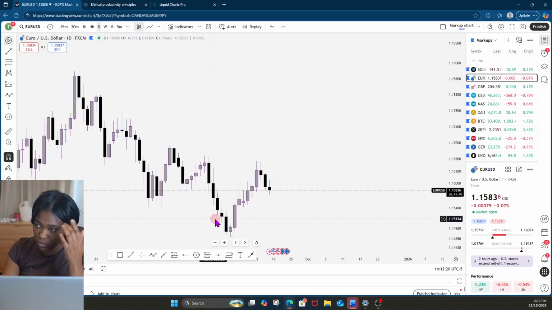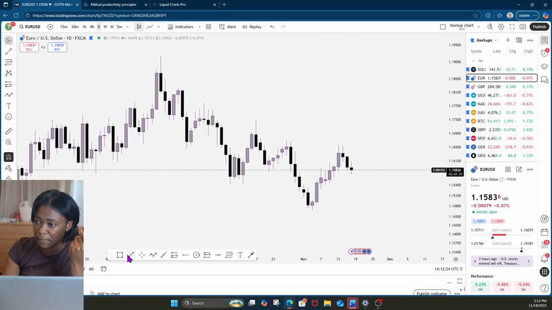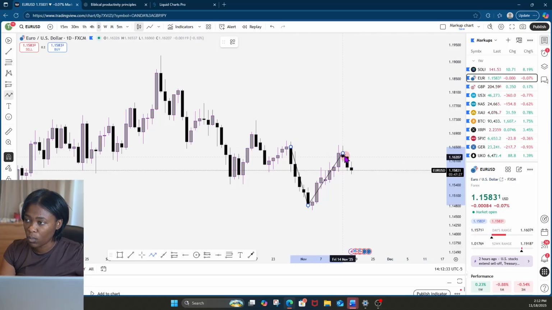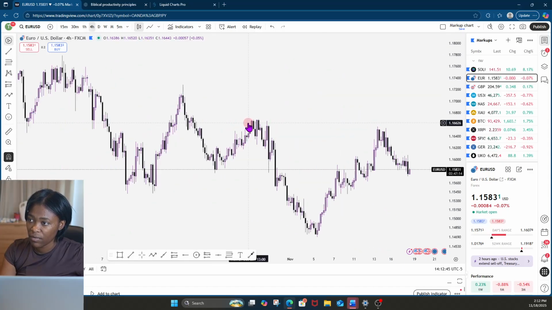It already kind of made a move, but on a higher time frame on the daily, you can see that there was a high and it has then created a lower high since then. So what am I anticipating? I'm anticipating for price to push down past this low right here. And so the trend has already totally shifted on a higher time frame.